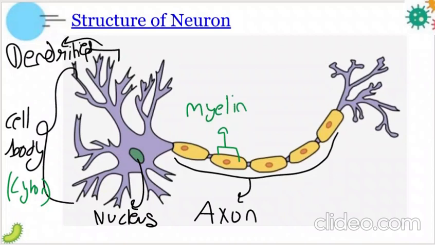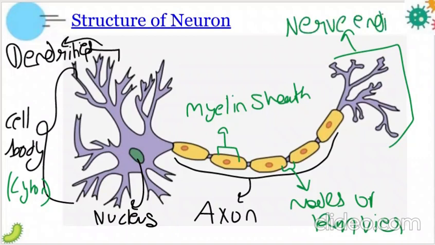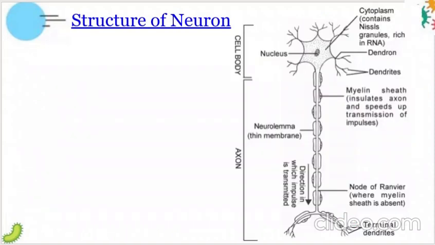They are made up of myelin fibers and they act as insulation, like there is on the wires, isn't it? The space between two myelin sheaths is known as the nodes of Ranvier. At the end, this whole part is the axon ending or the nerve ending. So as you can see, this is the cyton, the cell body, there's a nucleus, this is the entire axon body, then there are terminal dendrites, and between two myelin sheaths there is the node of Ranvier.